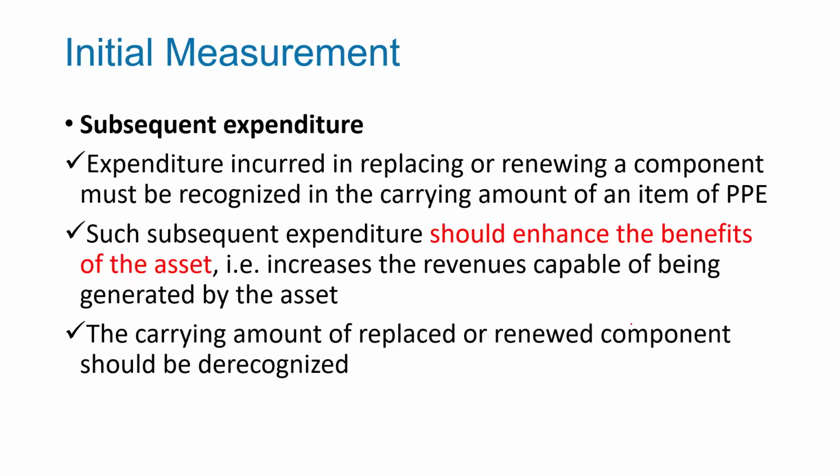Subtract that 10,000 from the whole value of the car. Let's say the carrying value of the entire car is 90,000, and the portion of the engine that you are replacing is 10,000. So subtract that 10,000 from the 90,000 before you add the value of the new engine to the carrying value. Is that one clear?